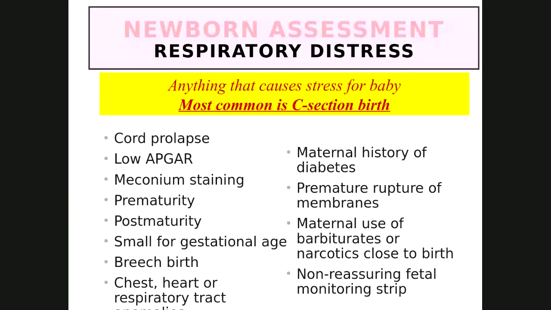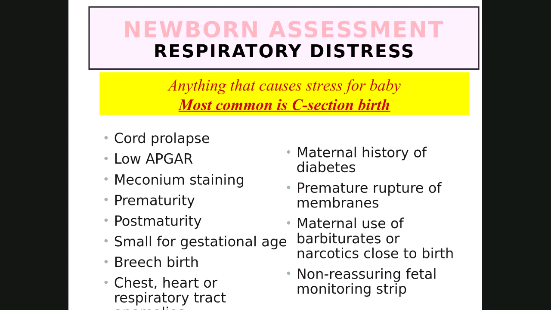Premature babies don't have enough surfactant, right? And they're going to have a hard time breathing, thus they're going to have respiratory distress. Same thing goes for SGA babies. Maternal history of diabetes, premature rupture of membranes. For whatever reason, we don't know the exact cause, but diabetic mom babies have lungs that are slower to mature.